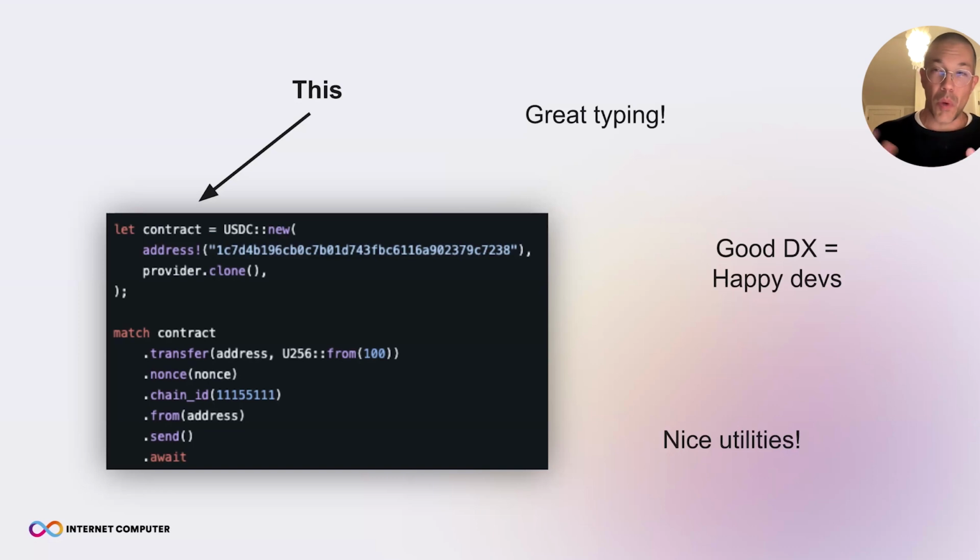In this example, I used some manual nonce handling, but you can also do fully automatic nonce handling. That is something that Alloy provides with what they call fillers, so that they do automatic nonce handling, automatically look up the chain, and automatically do gas estimation.